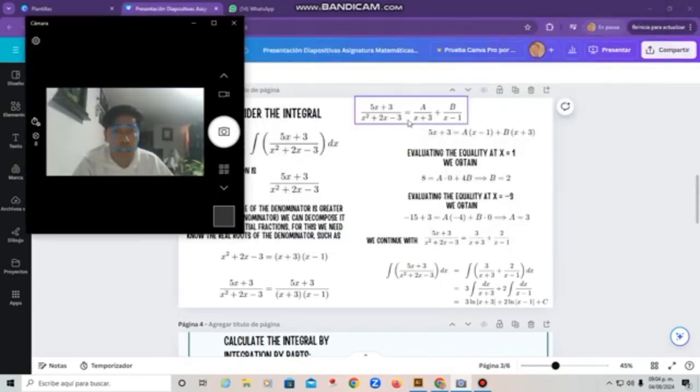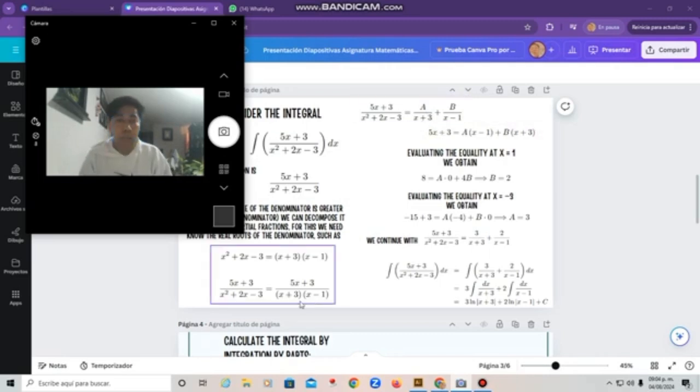Now in this part, by the method of partial fractions, there are constants A and B. We have in this part A and B. Well, we're going to change this part and write it as another division.